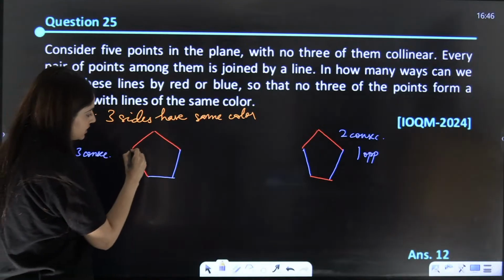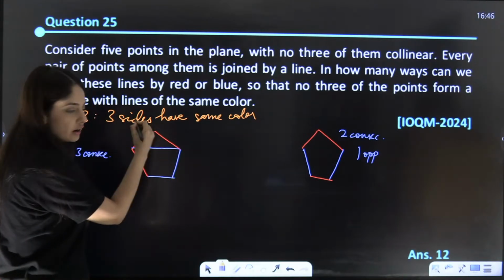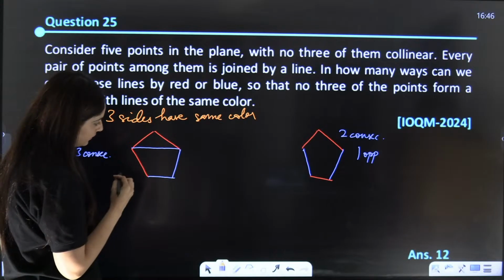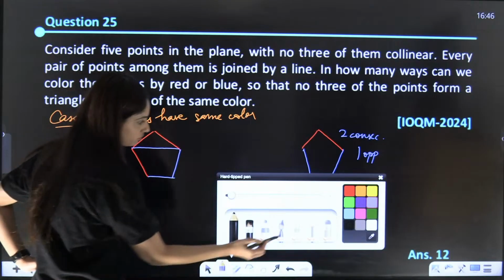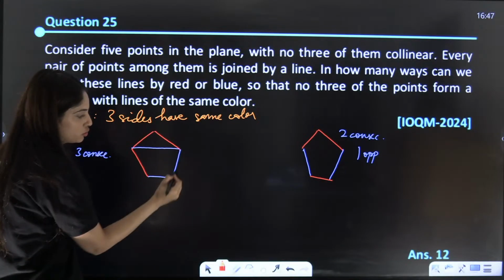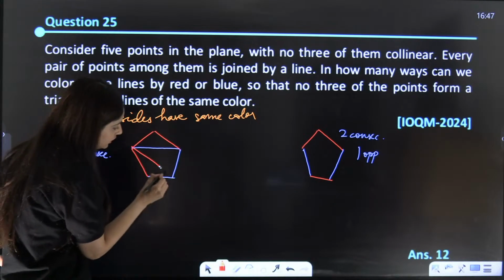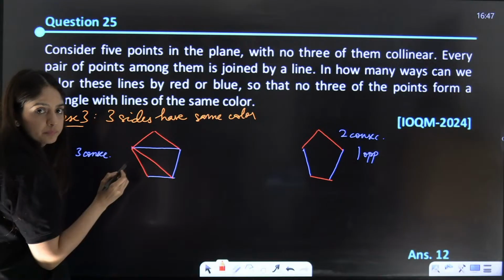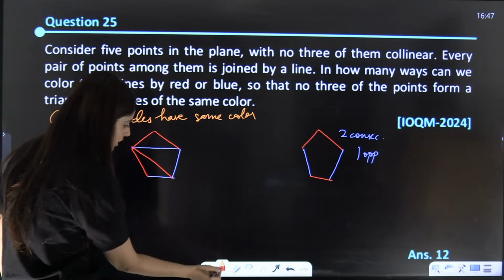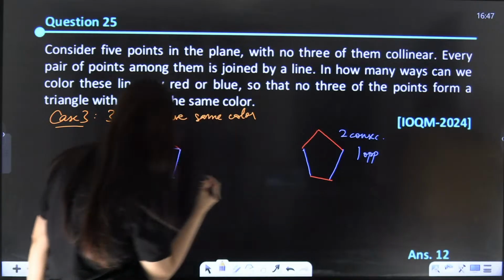In this case, this top triangle has to be blue, right? And now these 2 sides are already blue, so this has to be red. Like that we will start coloring each diagonal.